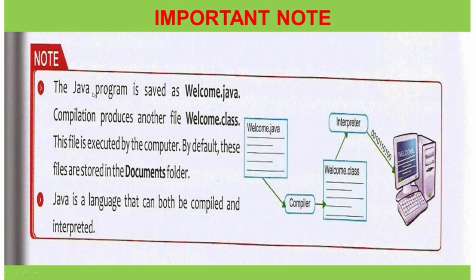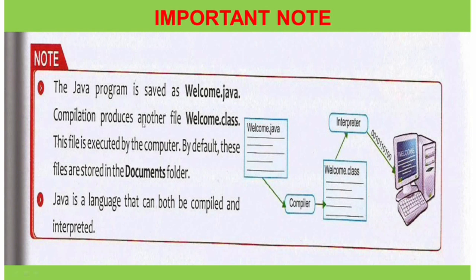What happens when we try to compile and run a Java program? What actually happens? This is an important note. See students, the Java compilation process is different from other programming languages' compilation process, and this is a very important topic because this is what makes Java write anywhere and run on any machine.